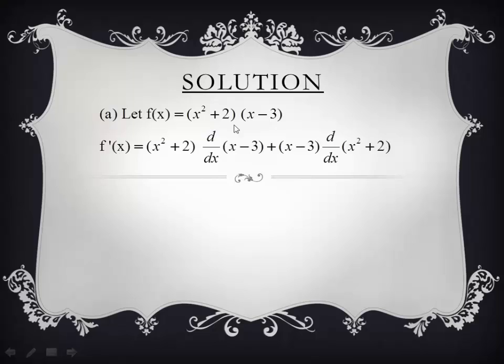So this first expression we call it first, and the one behind we call it second. So to derive f prime x, which is the first derivative of f(x) with respect to x, we will actually do the product rule cheer.